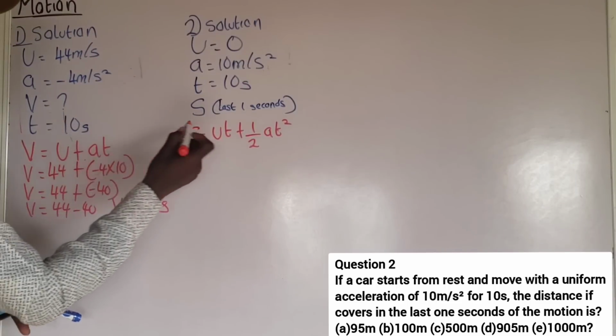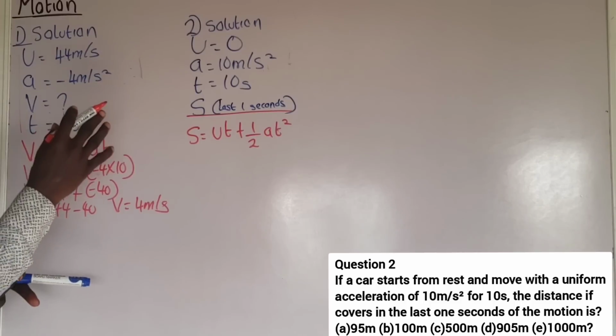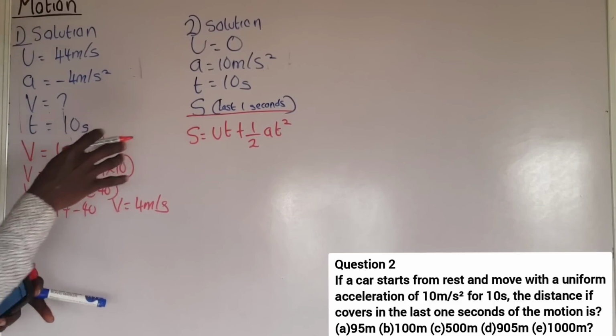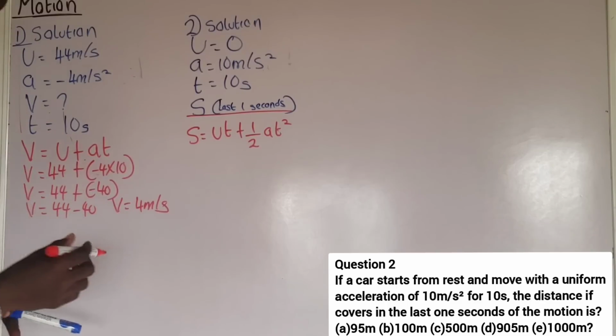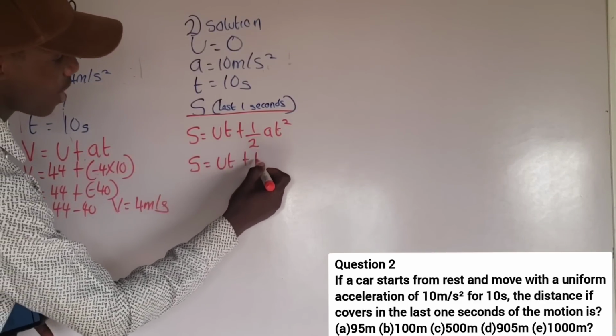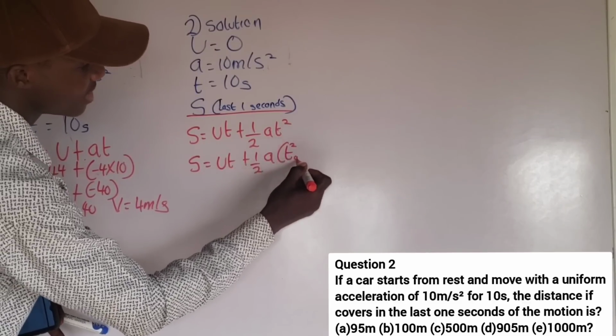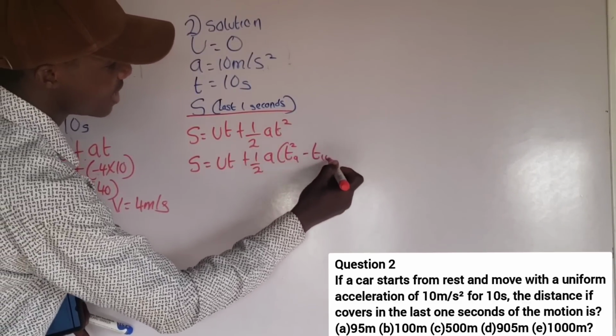Because we are told to calculate the distance that the car covered in the last 1 second, the equation will come like this. S equals ut plus 1 over 2a multiplied by t9 squared minus t10 squared.